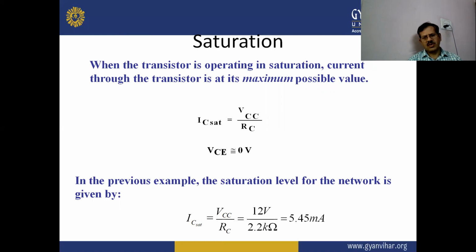So here the given VCC equal to 12 volt and value of RC is 2.2 kilo ohm, and we can find that the value of IC saturate is 5.45 milliampere. So these are the DC analysis of the BJT in case of saturation.